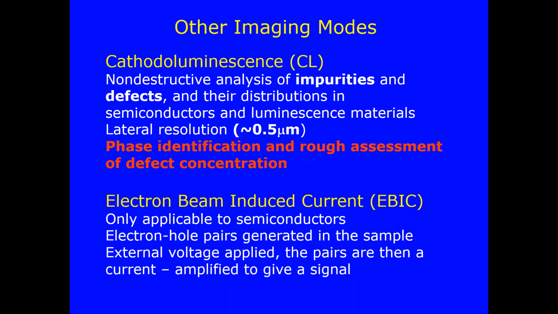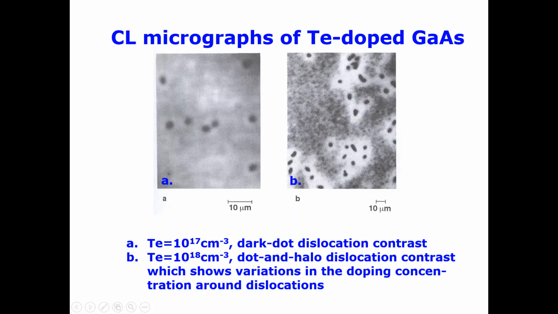With an external voltage applied, the pairs then move in the form of a current, which is amplified to a given signal, and these signals carry information about the sample. So with the help of this technique, we get images of defects and dislocations in a sample.